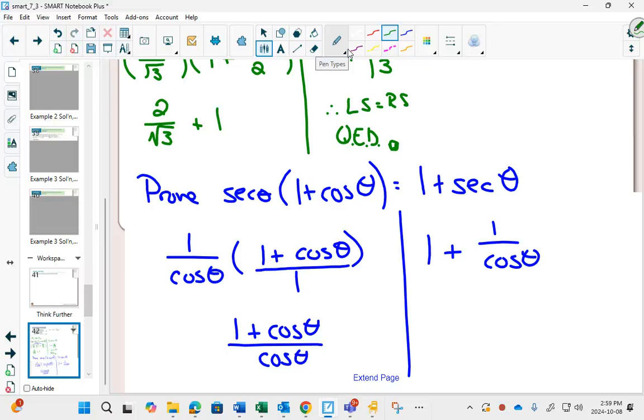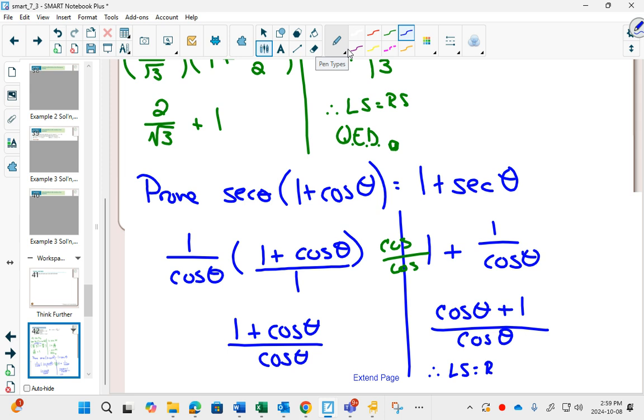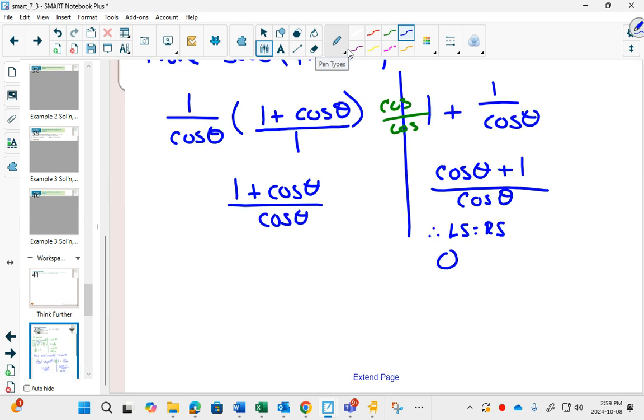So I want to get a common denominator, so I'm going to need to multiply this by cos over cos, and that's going to give me a common denominator of cos theta, and I have cos theta plus 1. Are these the same? Yes. Therefore, left side equals right side. And we're all done.